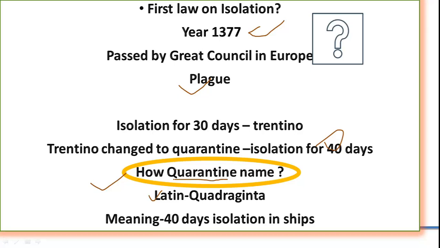So remember, this actually came from a Latin word called quadraginta. Now the meaning of this particular word is 40 days isolation in ships. In those days, when a particular city or town suspected that the ships were carrying the disease, they made the ships stay in 40 days isolation and then they were allowed to enter the harbor. Okay, so that time this particular word quarantine came up.